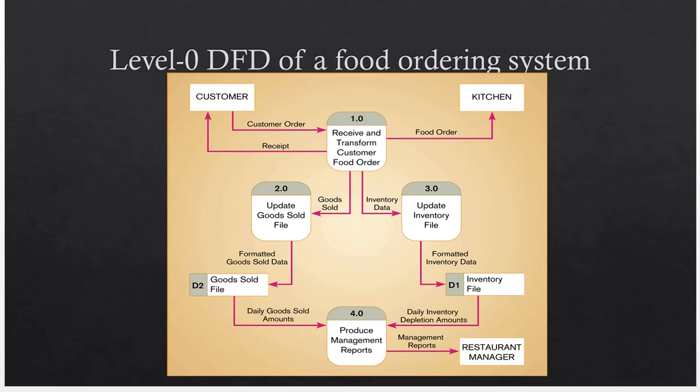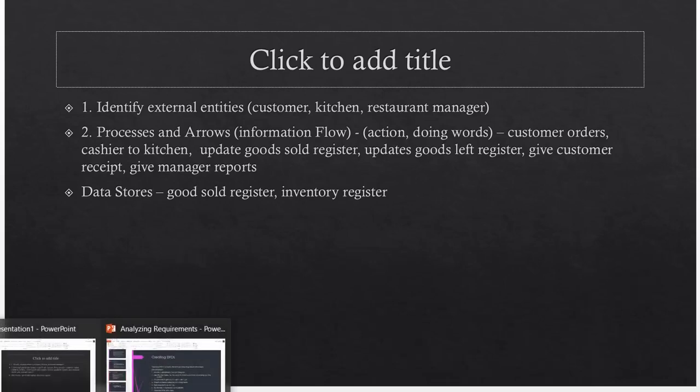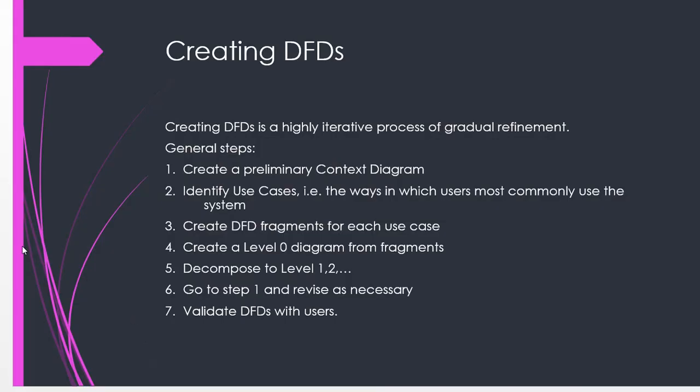So these processes are not organized haphazard. So now you take your processes and then you start creating the arrows in the various processes that process this information within this data flow diagram, as well as putting your data stores. So in a nutshell, that's how you actually need to do a data flow diagram.